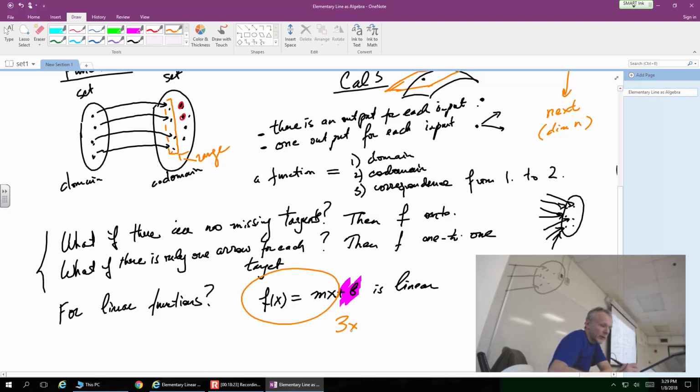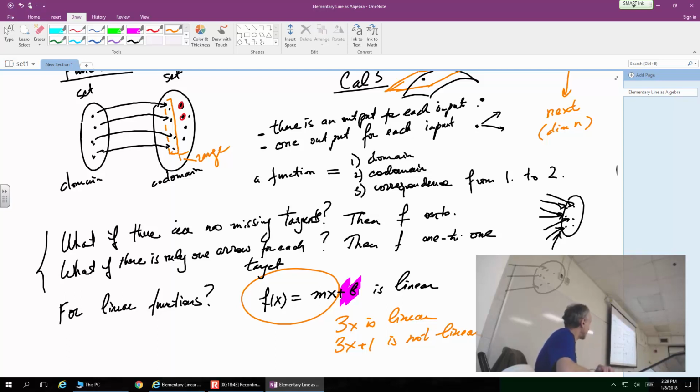So 3x is linear. 3x plus 1, not linear. We will get into why this extra coefficient kind of ruins everything. On the other hand, it's really no big deal. You can always edit it whenever you want, and you just have to be aware of the difference in the terminology.